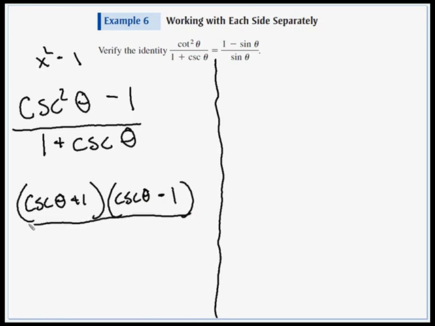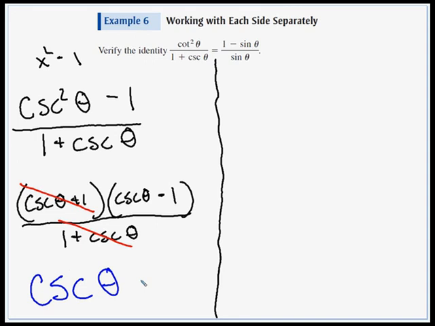And our denominator is 1 plus cosecant theta. Aha, look at that. Our denominator, 1 plus cosecant, is the same thing as cosecant plus 1. When we're adding, it doesn't matter what order we add in, so these are going to cancel. And we're left with cosecant of theta minus 1.